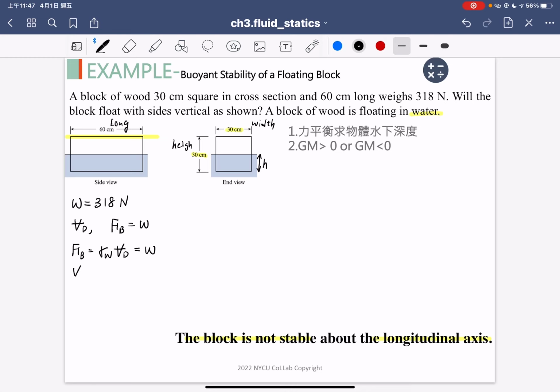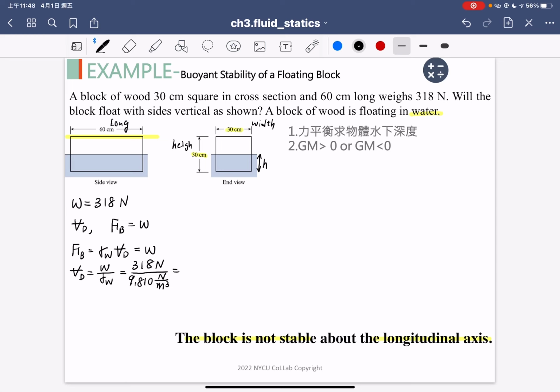So we know the Vd will equal W divided by gamma W. The W is 318 Newton divided by gamma W, which is 9810 Newton per cubic meter.